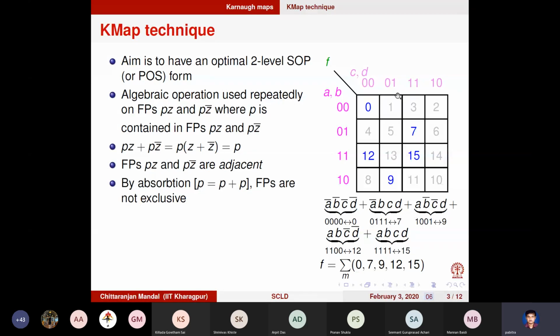Similarly, 0, 1 in the CD columns means C bar and D. Note that the order will not be binary order, but rather gray order, because what we want is that two adjacent minterms, adjacent meaning they share an edge, differ in exactly one variable. If you look at any two adjacent cells, they differ in exactly one variable.